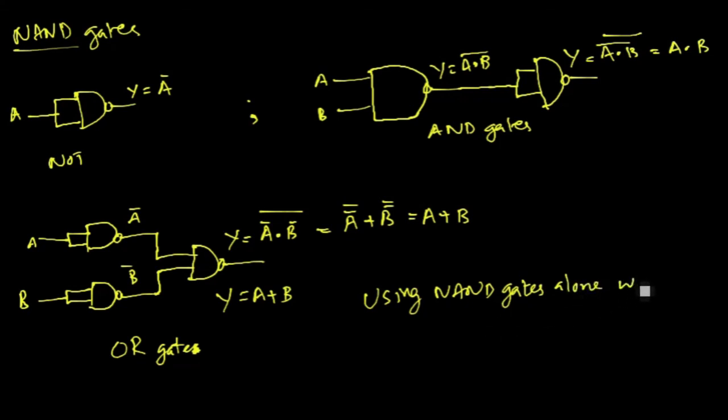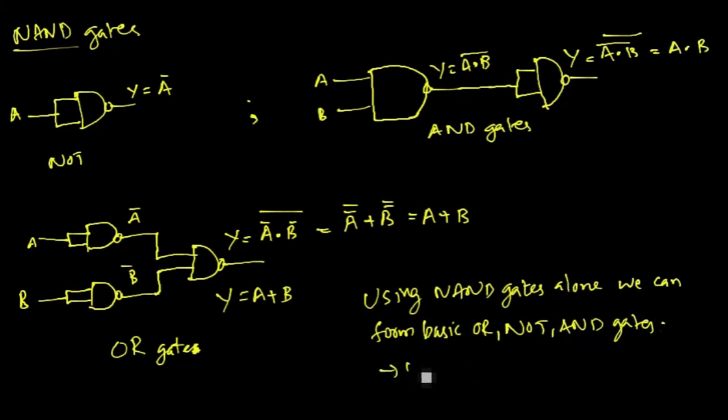So using NAND gates alone, we can form the basic gates, NOT, AND and OR, that is, we can construct the fundamental gates. So this NAND gate is called a universal gate.